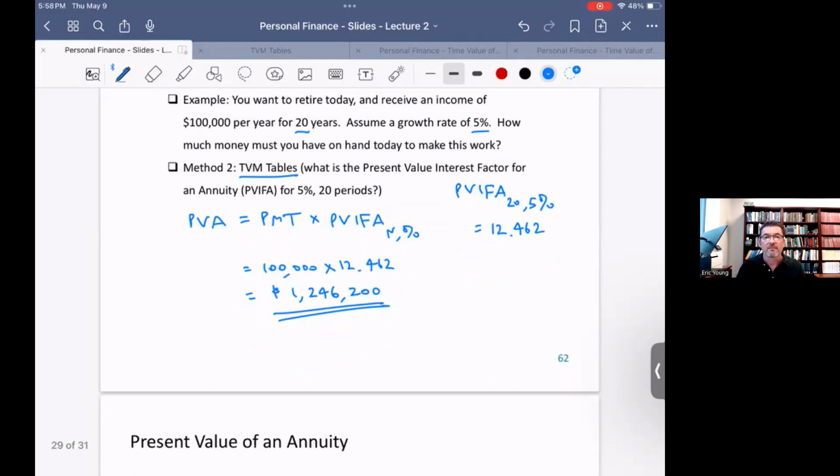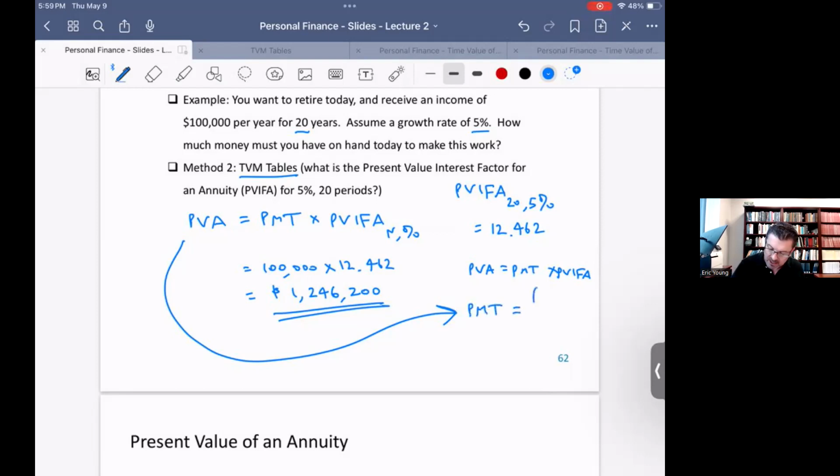Now, that's important. But I said to you a moment ago that this was the real important formula, because check this out. Take this right here, and let's take this formula and let's tweak it. Since the PVA equals the payment times the present value interest factor annuity, we can swap these around and we find that the PMT is equal to the PVA divided by the PVIFA.